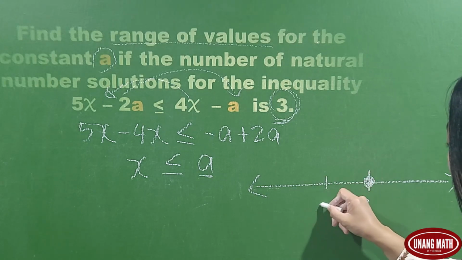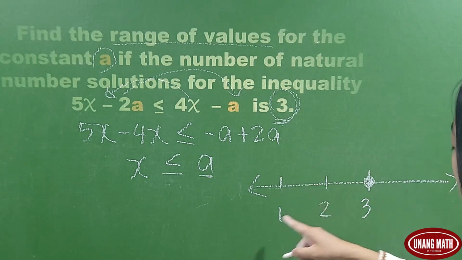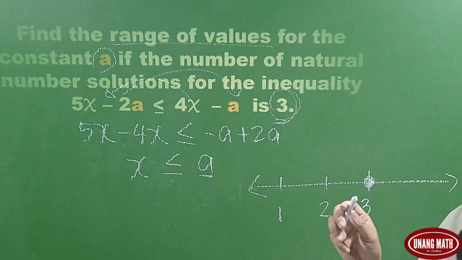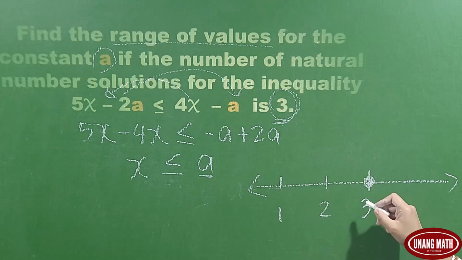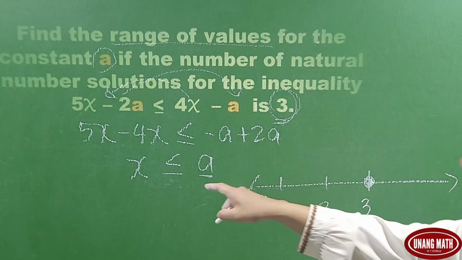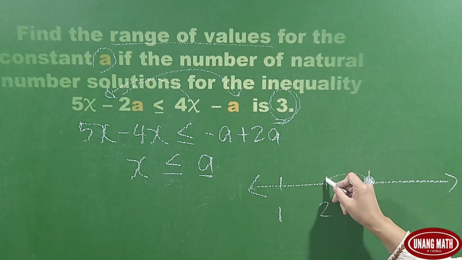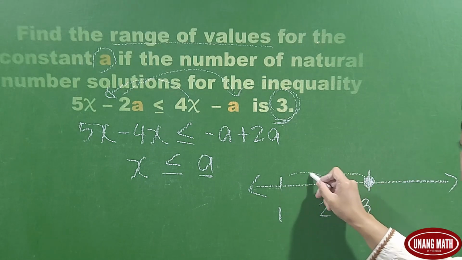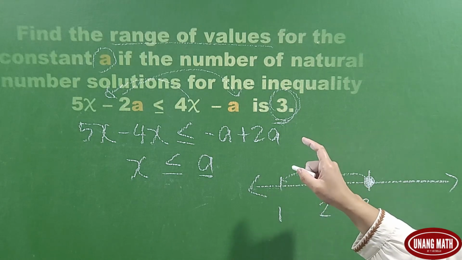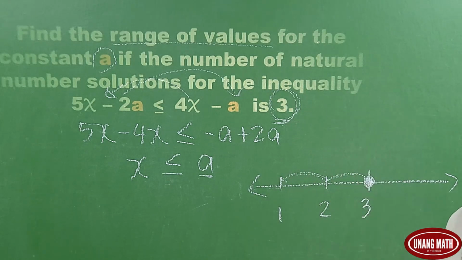So we have 2, 1, take note, 0 is not a natural number. So, if x is less than or equal to a, and if a is 3, then we have 1, 2, 3. So there are 3 natural number solutions.